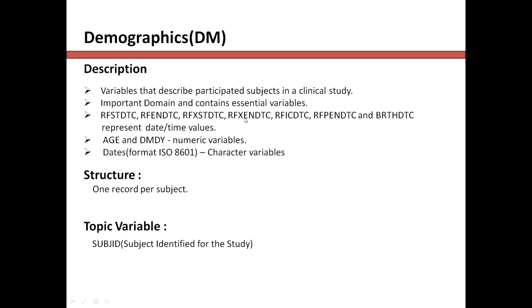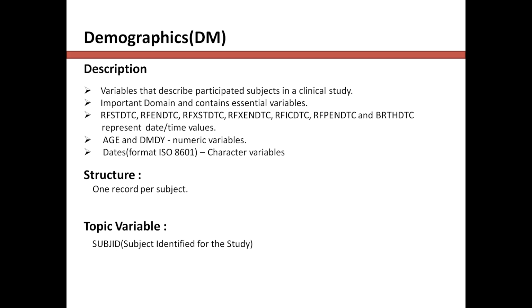Another domain is the demographics domain, which is a very important domain in the SDTM, and it contains all essential elements. Variables like RFSTDTC, RFENDTC, RFXSTDTC, RFXENDTC and RFICDTC are the treatment related date and time variables present in the demographics domain.